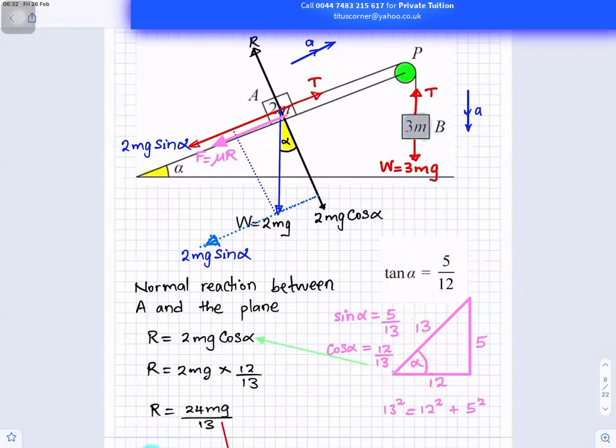And then you use Pythagoras theorem. 12 squared plus 5 squared, square root, will give you this to be 13. So sine alpha is opposite over hypotenuse, which is 5 over 13. Cos alpha is adjacent over hypotenuse, which is 12 over 13. Now we replace cos alpha with 12 over 13. So 2 mg times 12 over 13. 2 times 12 is 24 over 13.